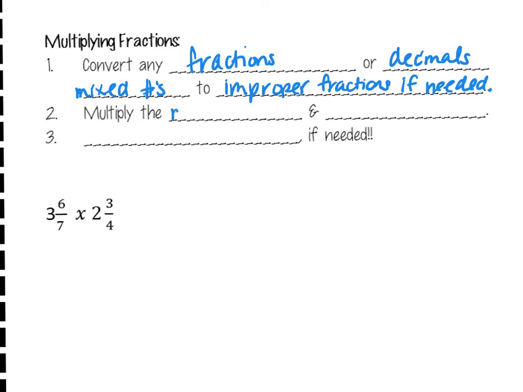Multiply the numerators and denominators, and then simplify if needed. I'll give you a second to catch up. I can see that simplify is pretty common. Yeah, simplify. Always simplify. We want it.